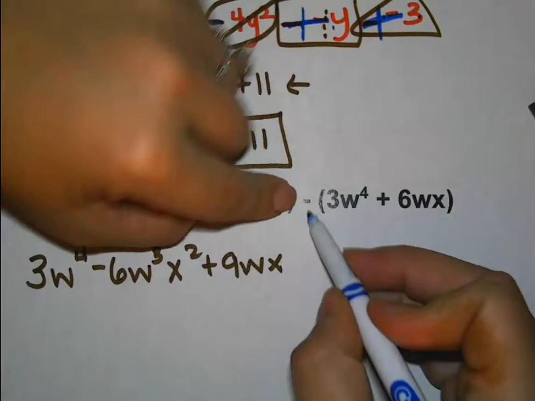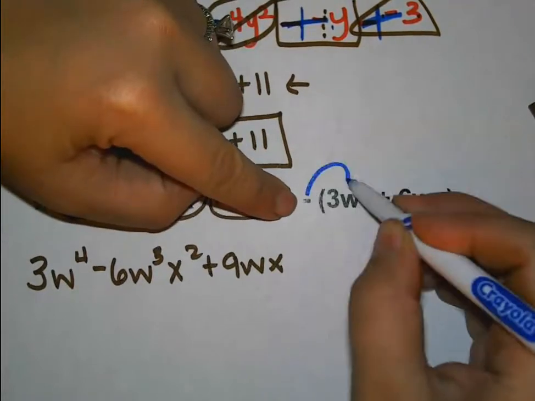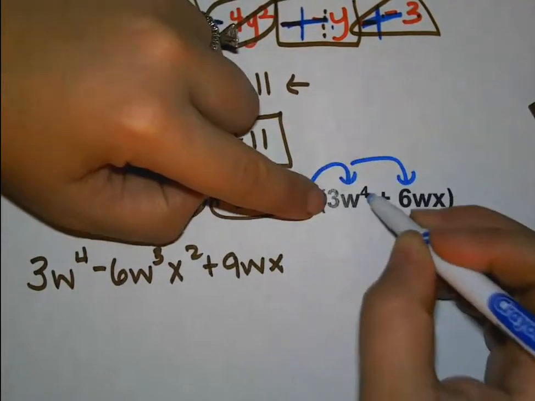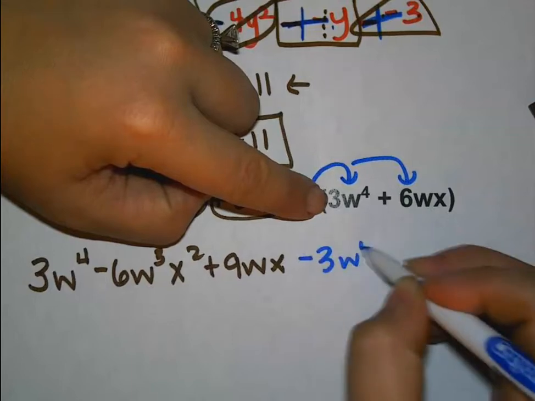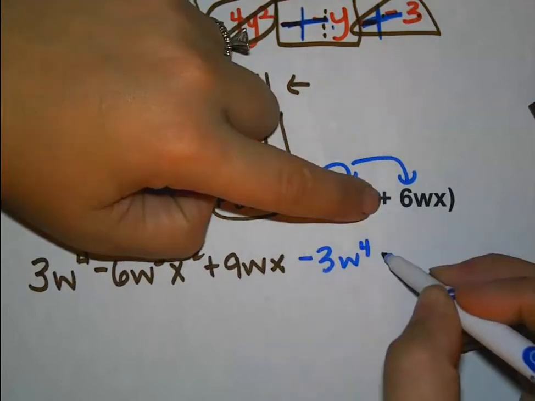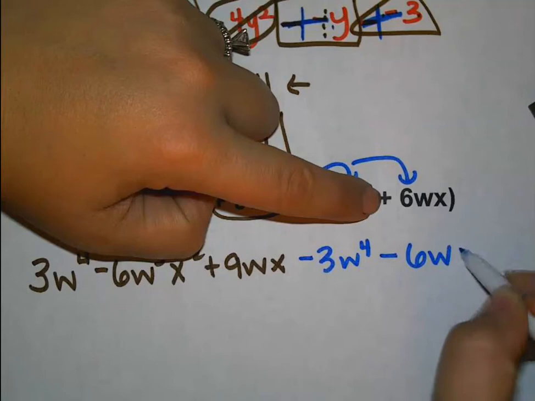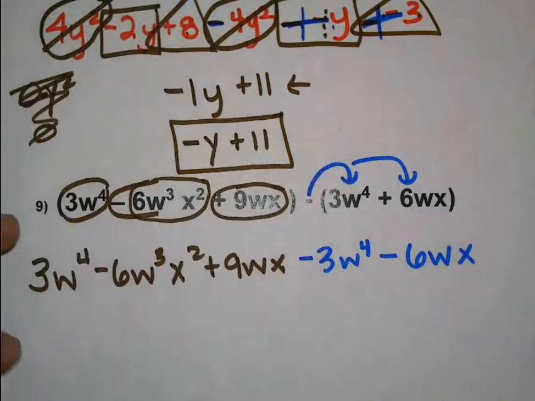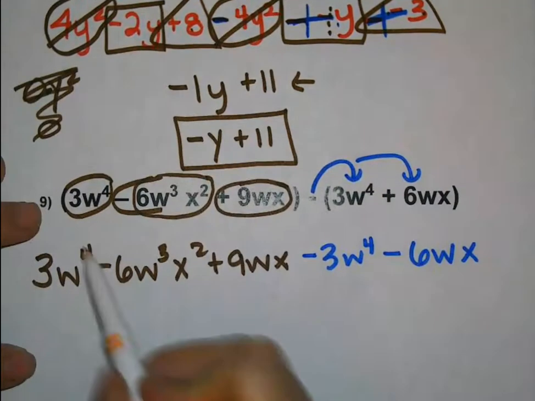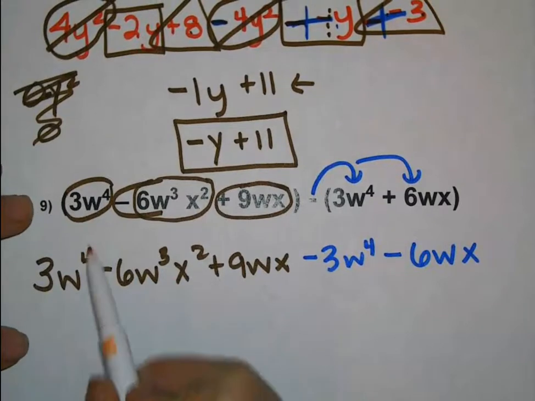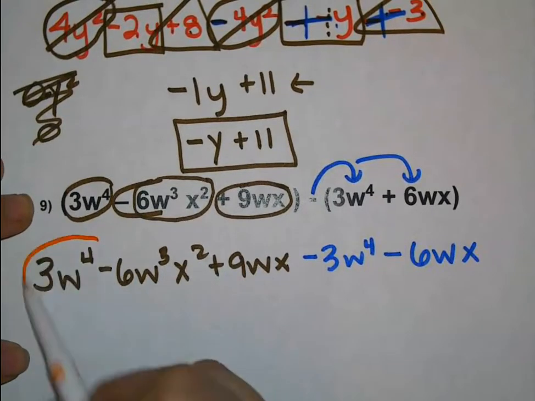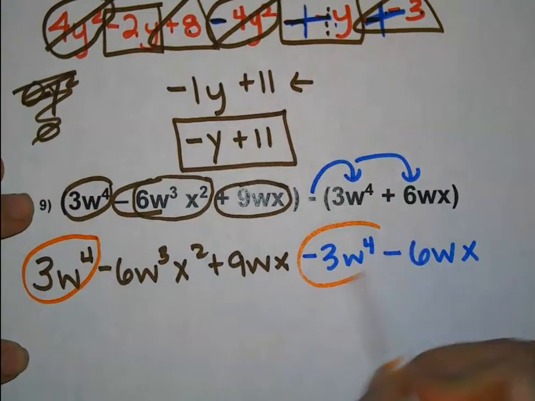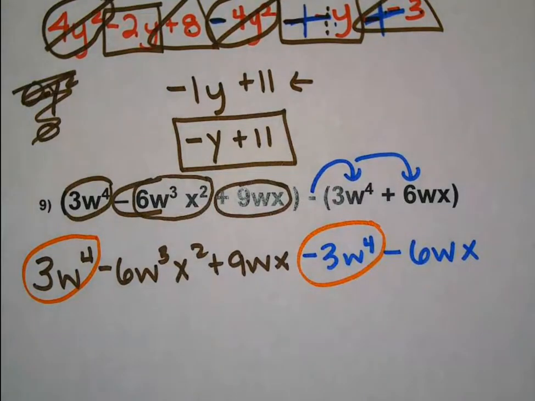And then here's that minus, so it's saying opposite. So instead of 3w to the fourth, it will be minus 3w to the fourth. Instead of plus 6, it's going to be minus 6. Okay, now we're going to combine like terms. So we have a 3w to the fourth and a negative 3w to the fourth.